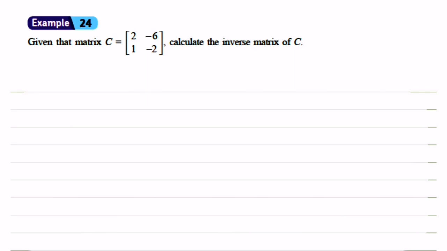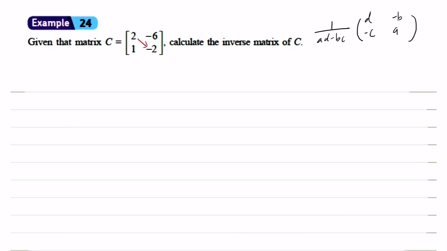Example 24, given that matrix C, 2, negative 6, 1, negative 2, calculate the inverse matrix of C. Okay, still remember what is the formula of inverse matrix? 1 over AD minus BC, then in the bracket, D, negative B, negative C, A. Okay, so normally I will do like this, draw an arrow.